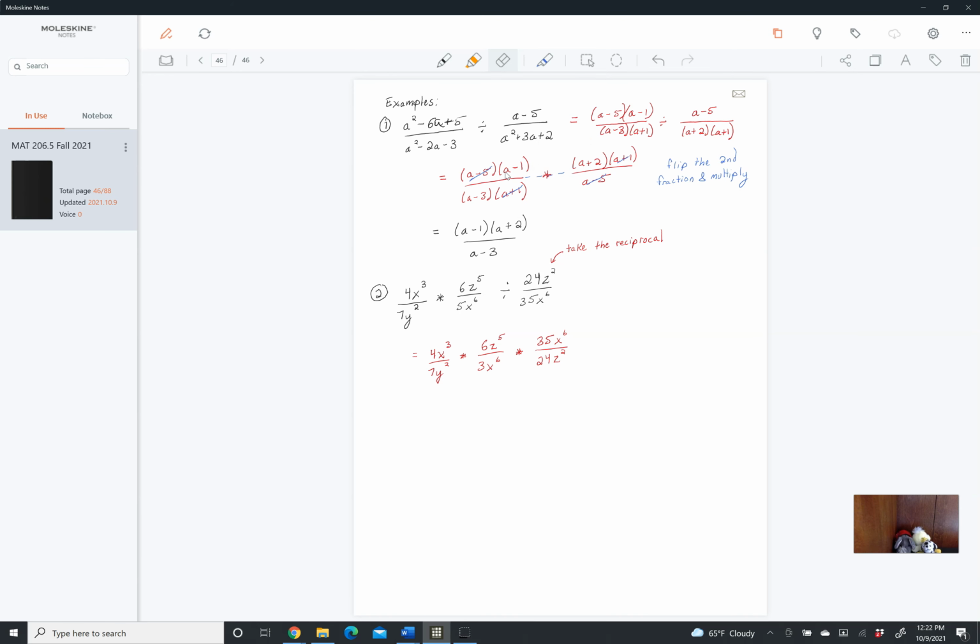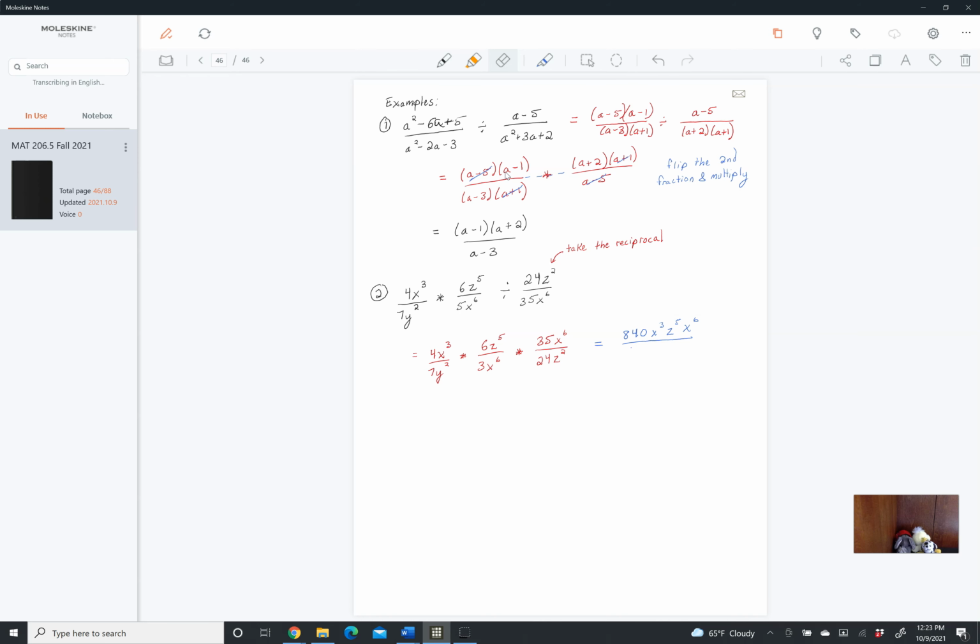So what we could do is multiply all of our constants. Well, 4 times 6 times 35 is equal to 840. And that's x cubed, z to the 5th, x to the 6th. And then on bottom, we have 7 times 3 times 24.